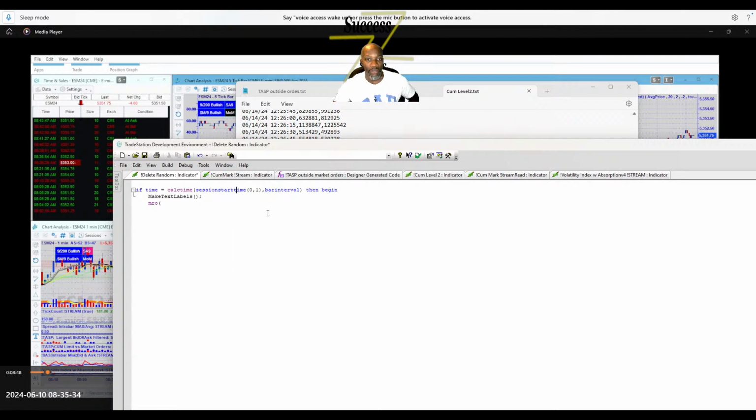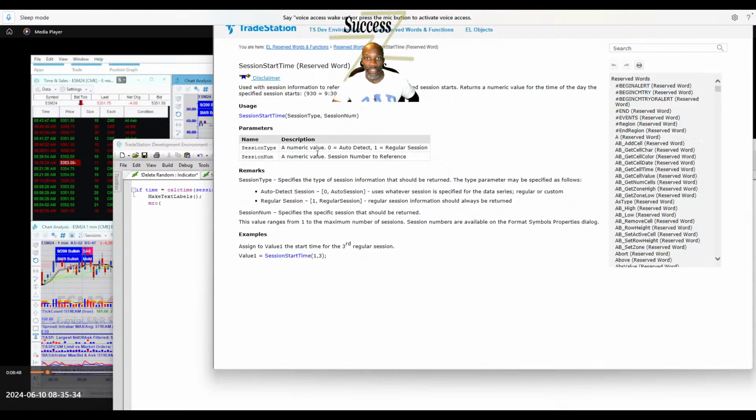But I didn't look to see what session start time is. Session start time: 0 is auto detect, 1 is regular session, and 2 is a numeric value, the session number to reference.